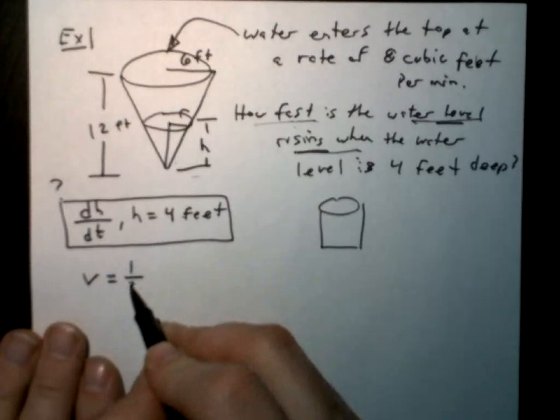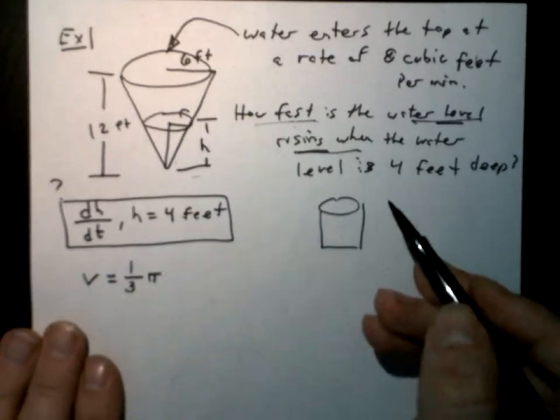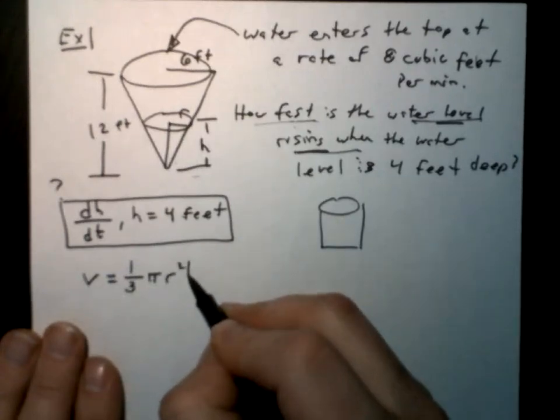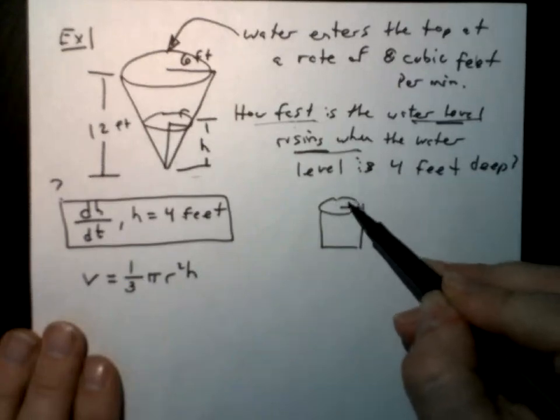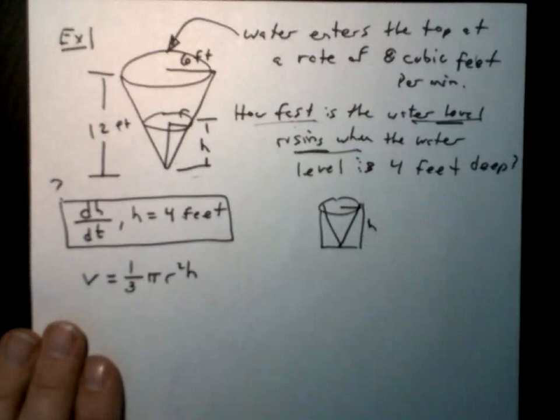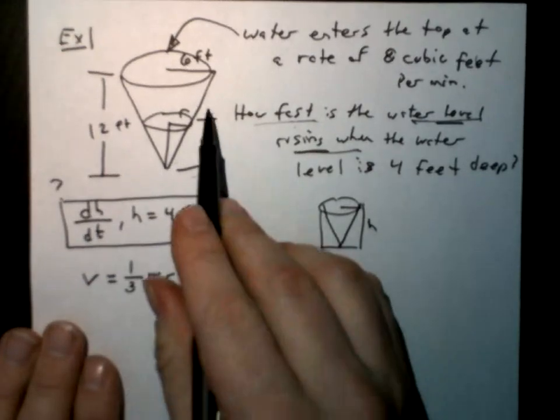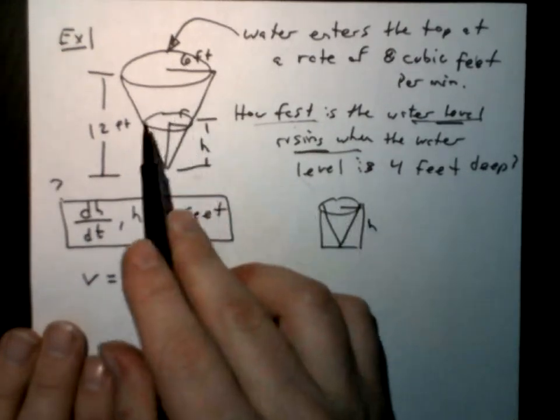So that's why it's 1/3 pi r squared h. Remember, this is the h. This is a circle, and it's been cut to 1/3. And that's what relates a cylinder compared to a cone.